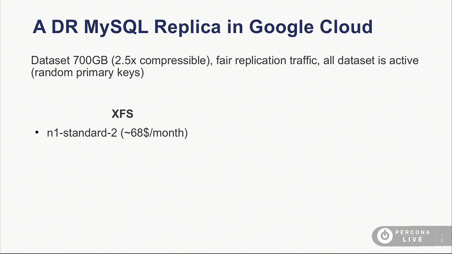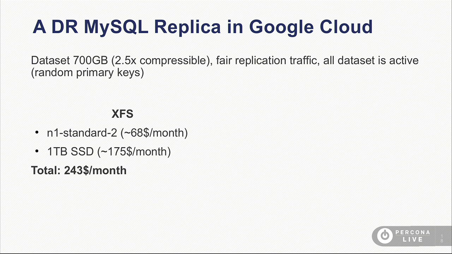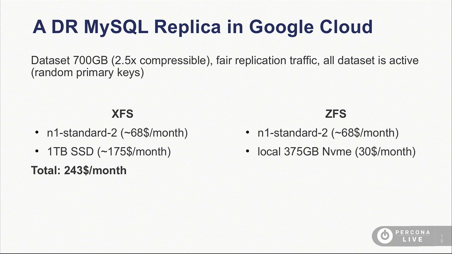N1 standard 2, $68 per month, but you need 1 terabyte of SSD disk, which is $175 per month, for a total of $243. I'm not counting the network bandwidth, just the basic host and storage. With ZFS, what could you do? Let's say same host, but then you use a local NVMe drive, which is fairly cheap.